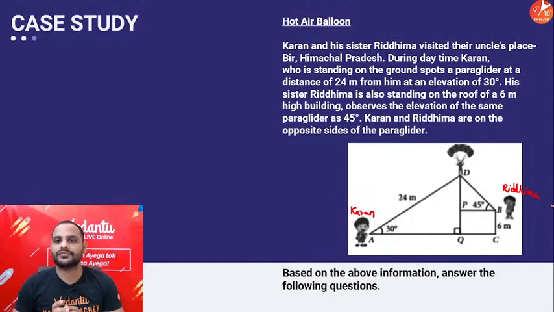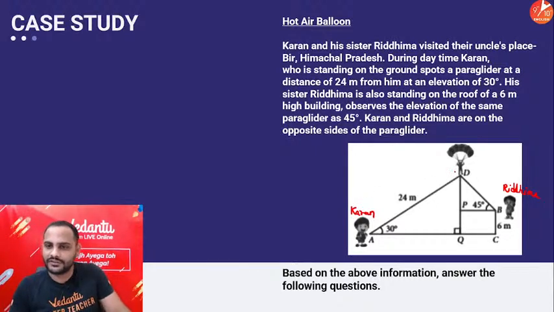Okay, so they are saying during the time who is standing on the ground spots a paraglider at a distance of 24 meter from him at an elevation of 30 degree. So he saw there is a paraglider होता है ना, paragliding वाला, at a distance of 24 meter and at an angle of elevation of 30 degree.